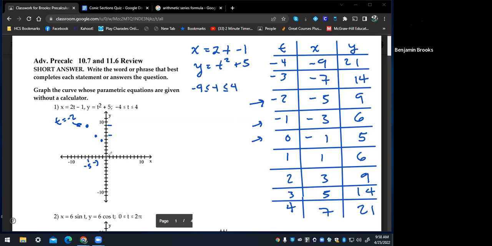When t is equal to 1, you have 1, 6. So right about there. And when t is equal to 2, x is 3, y is 9. So we've got to back up here. 3, so 1 over. That's kind of just a guesstimate there.